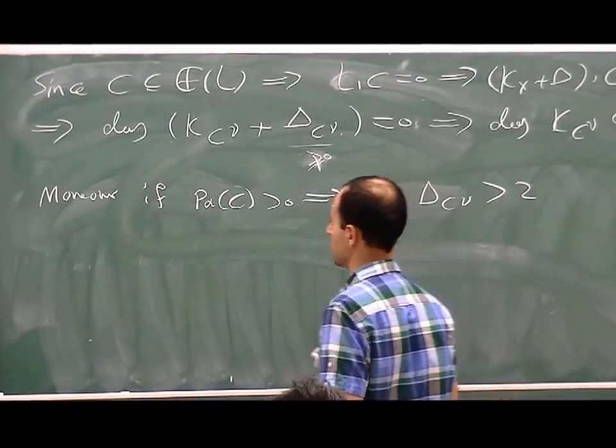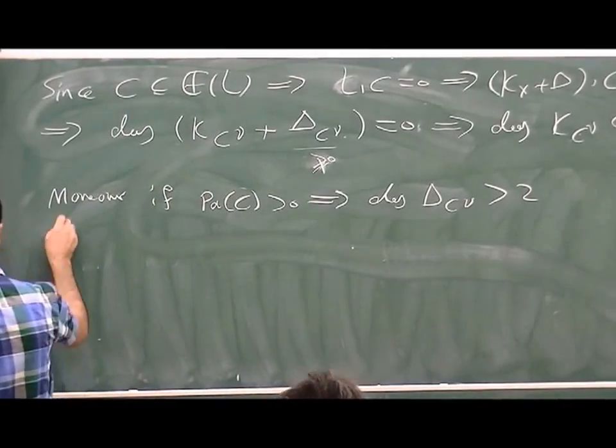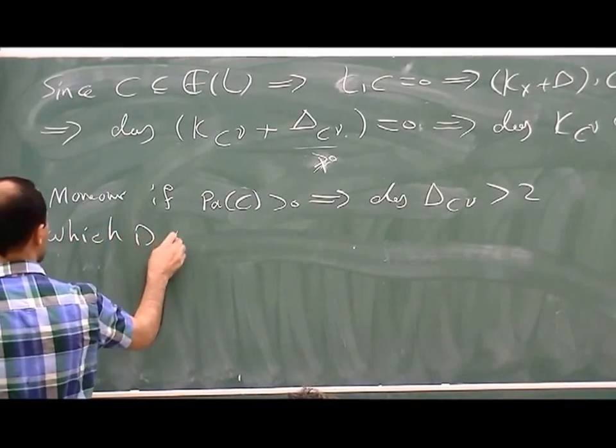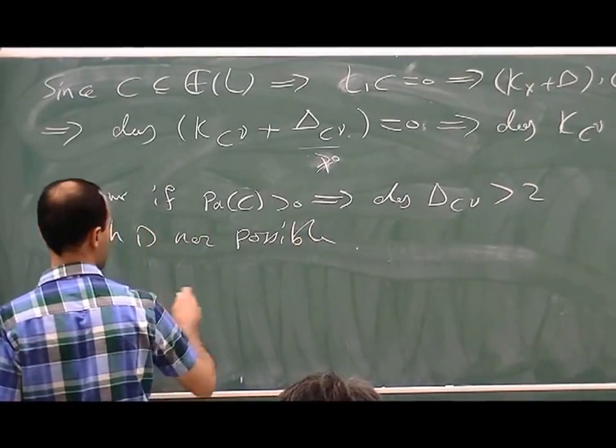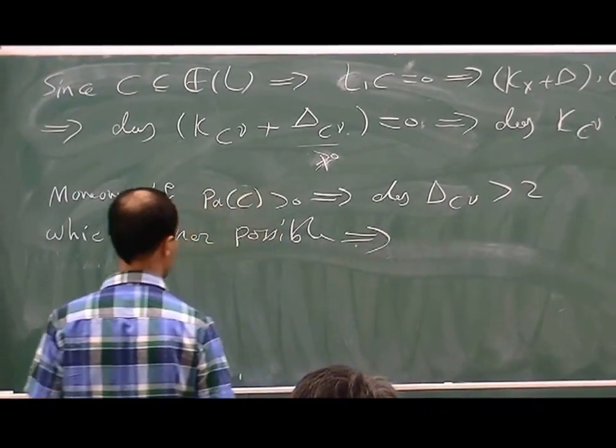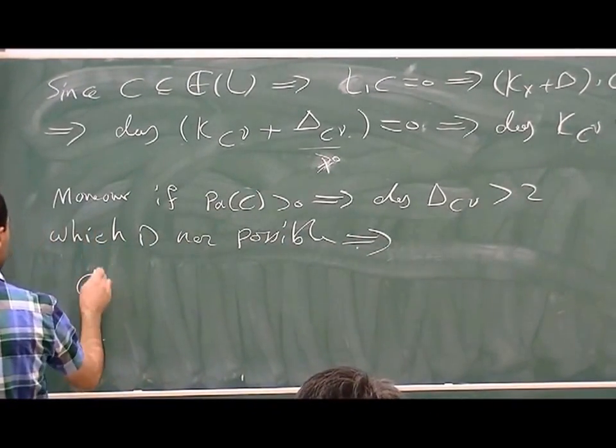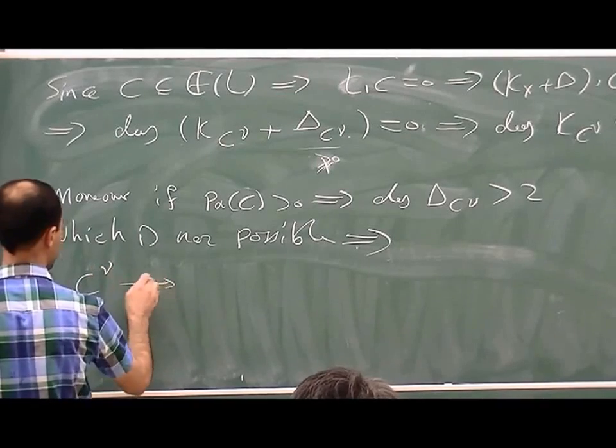And this is a contradiction, which is not fun. Therefore, in fact, C already should be smooth.